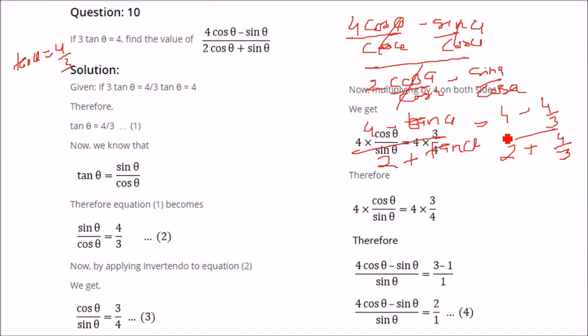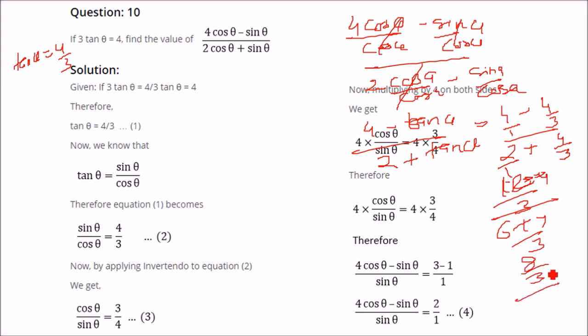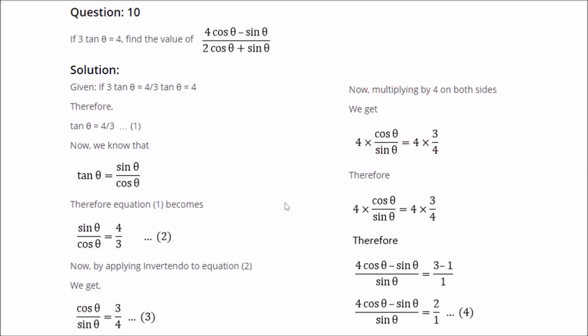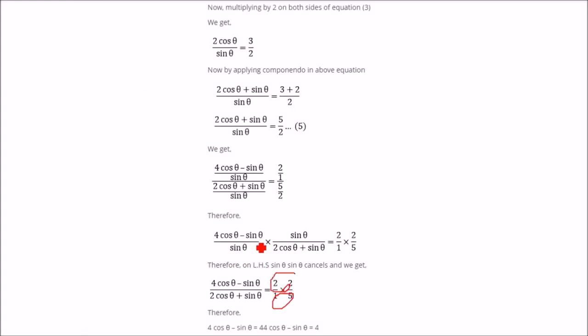Let me solve. 4 minus 4 by 3 is 12 minus 4 by 3. And here you get 6 plus 4 by 3. So 12 minus 4 by 3, that is 8 by 3. And this is 10 by 3. So 8 by 3, 8 by 10. 2 4s are 8, 2 5s are 10. So what do you get? 2 2s are 4 by 5.